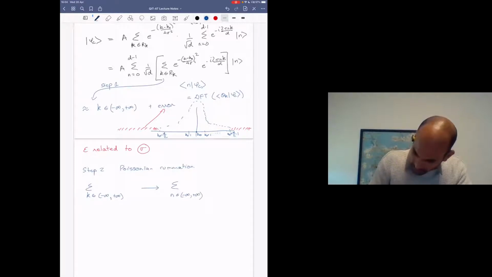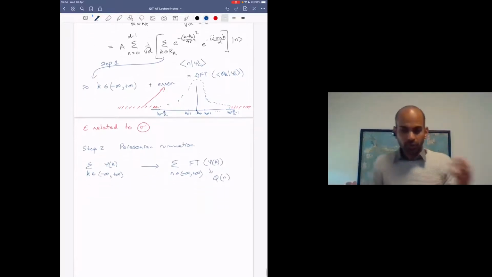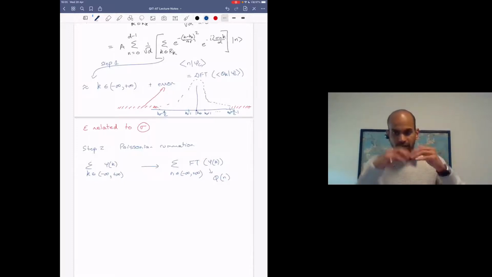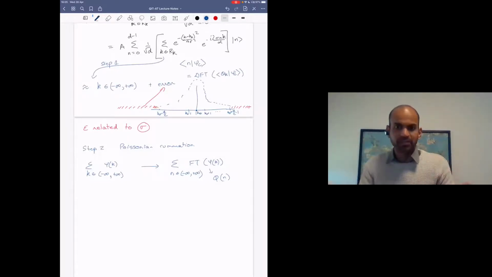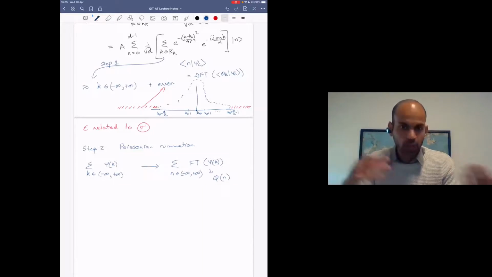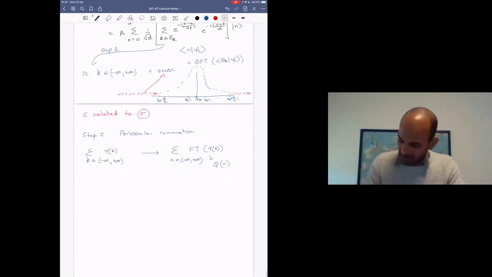And here you have functions of K, so let me call this psi of K. There you end up getting the Fourier transform of psi of K, which are functions of N, psi of N. So the Poissonian summation formula is essentially: if you have a function that is summed over all of the integers, then you can take the Fourier transform and sum it over all of the integers in the alternate basis, and there is an equality between these two expressions.